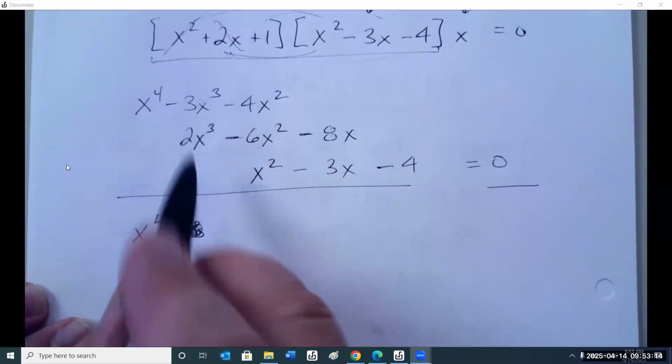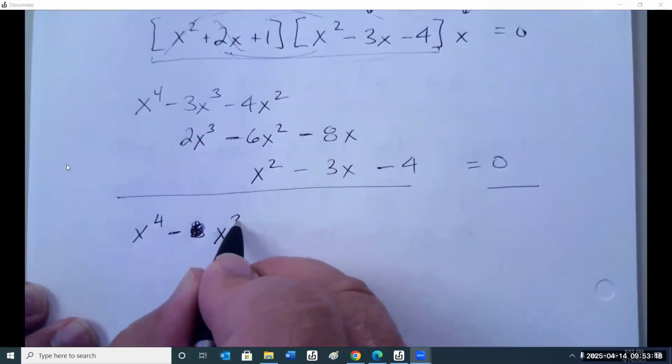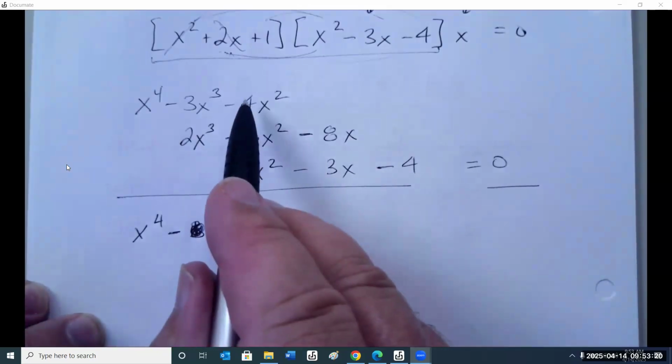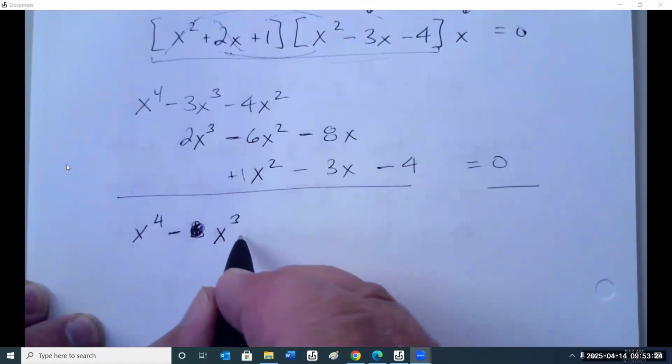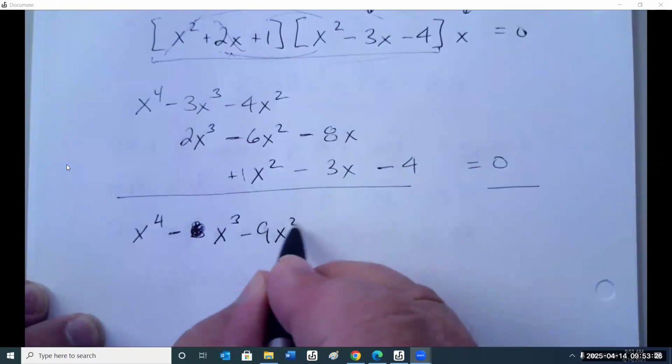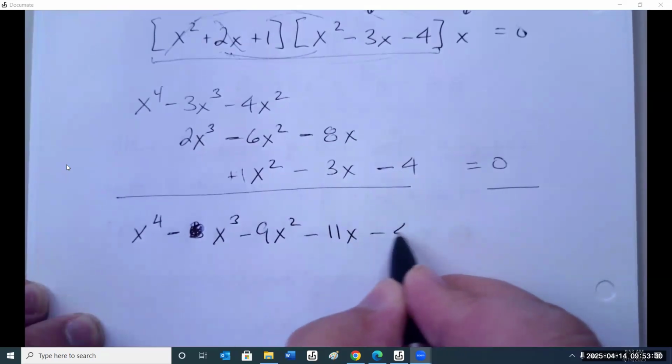So negative 3 plus 2 is a negative 1 x cubed. Negative 4, negative 6 is negative 10. Plus 1 is negative 9x squared. Minus 11x minus 4.